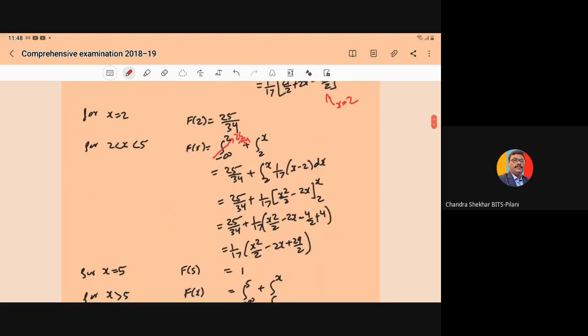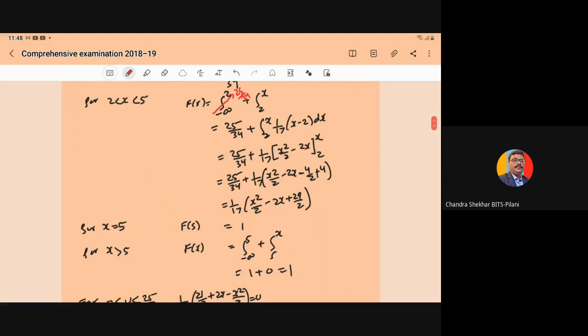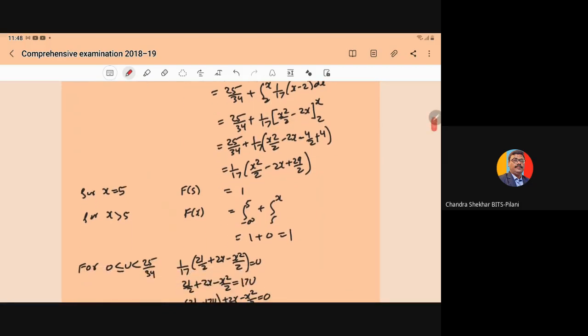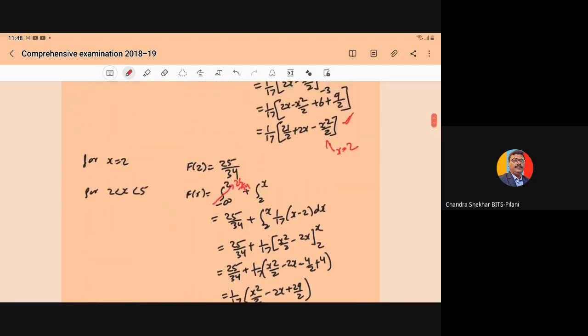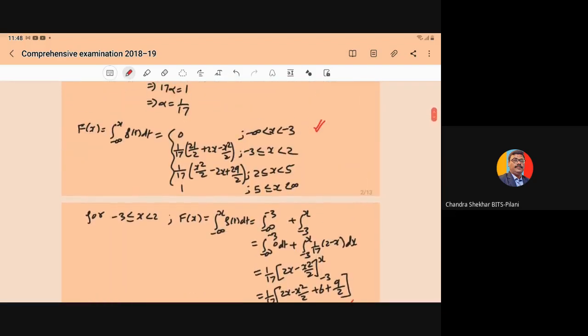On integration, you get 1 upon 17 into [x square by 2 minus 2x plus 29 by 2]. When we put x equal to 5, F(5) comes to 1, and for x greater than 5 it remains 1. When we combine all these pieces, we get the correct CDF.